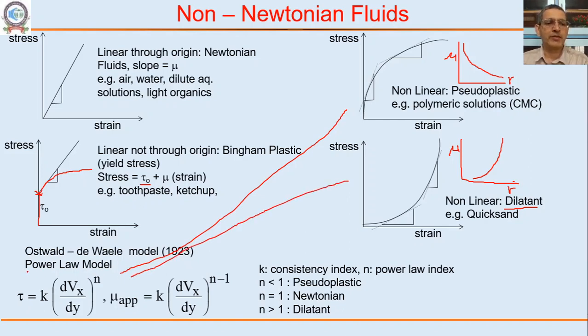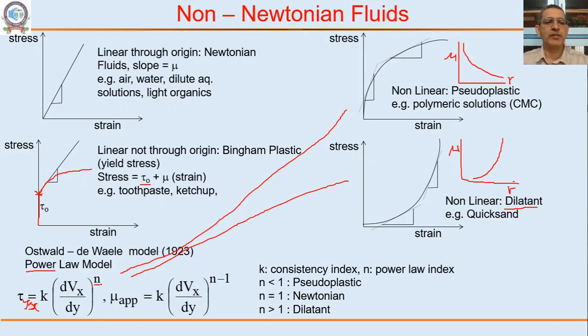In simple language, it is called a power law model, which means we are saying that stress tau, or tau yx, if you want to be very precise, is some constant k multiplied by dvx by dy raised to n. So k is called the consistency index and n is called the power law index.